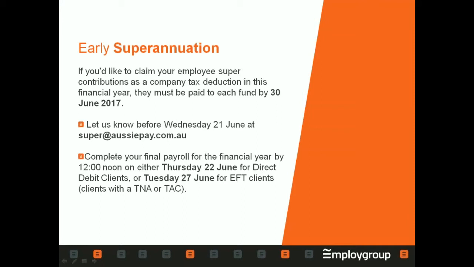You'll also need to complete your final payroll for the financial year by midday on Thursday the 22nd of June for direct debit clients, or Tuesday the 27th of June for EFT clients, i.e. clients with a transaction negotiation authority or transaction activity cap. So that's for clients who we manage the super payments for.